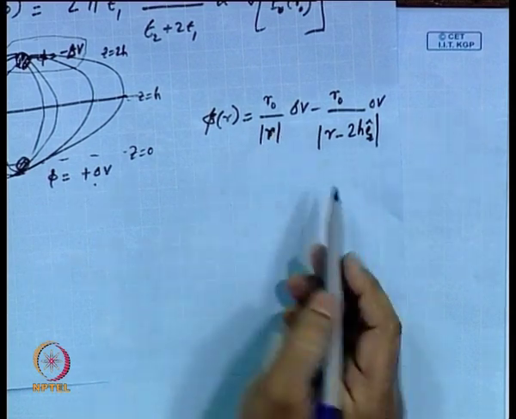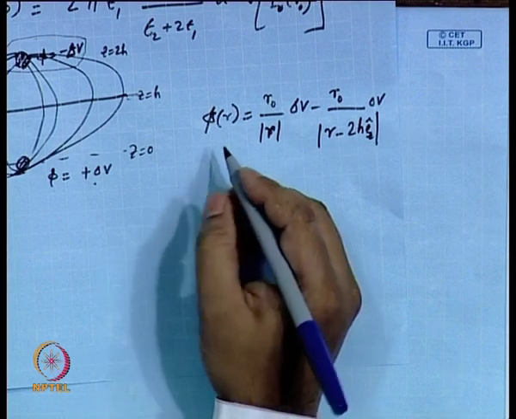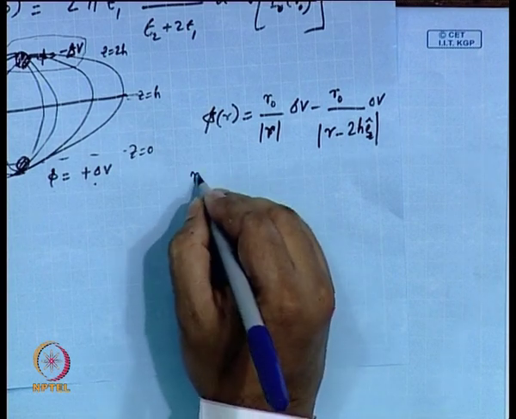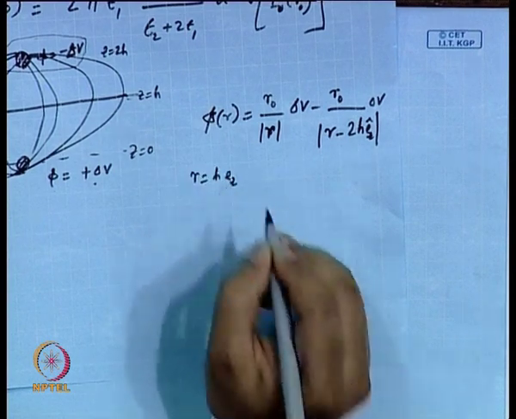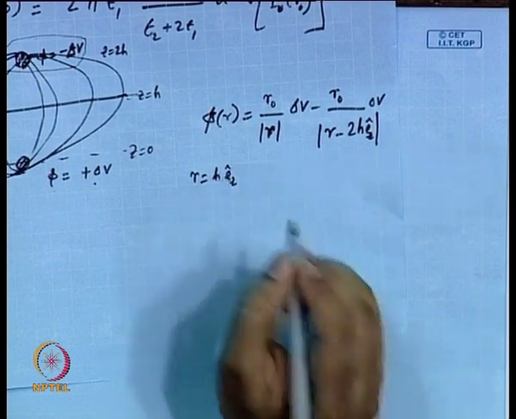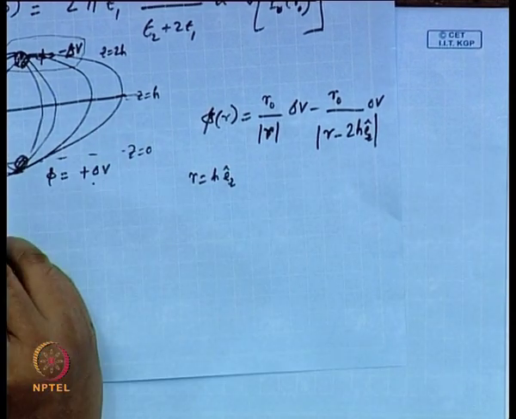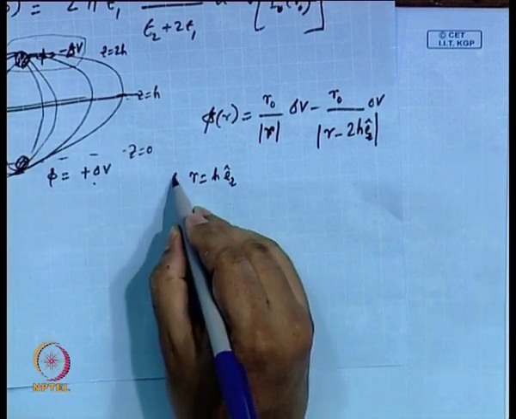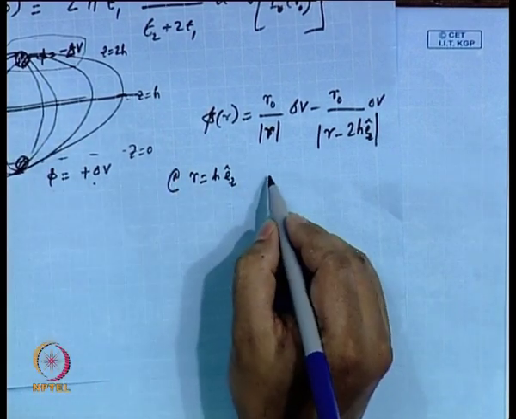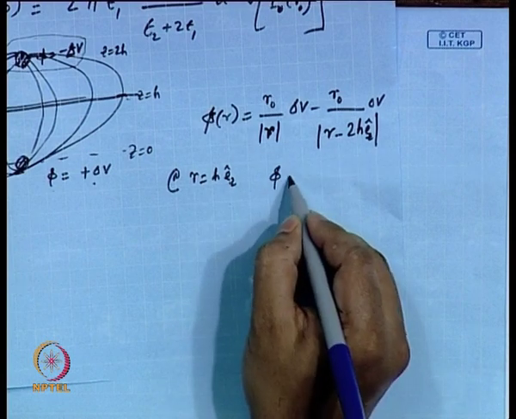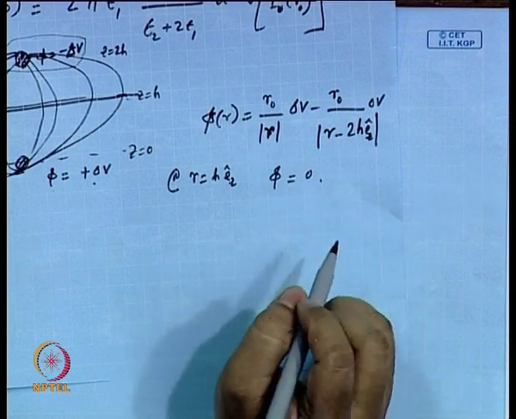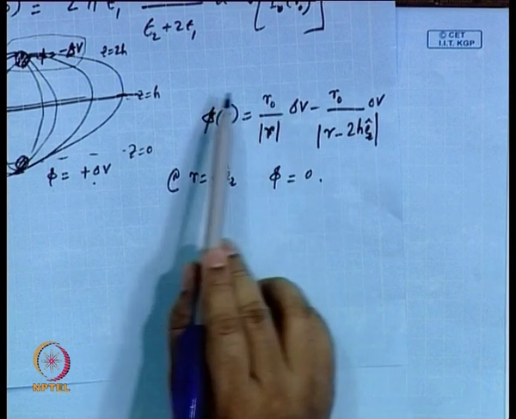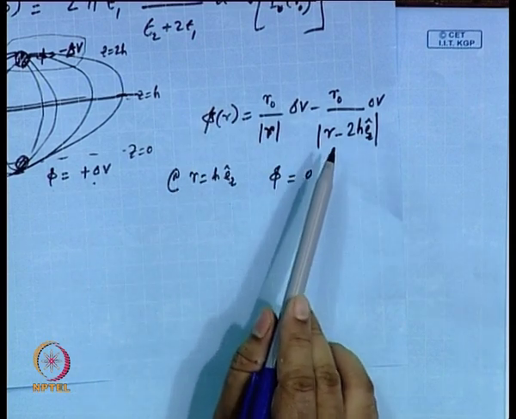You can check it yourself. Say at r is equal to h e_z, that means where? This plane. At r is equal to h e_z, check what you have for phi. This should be equal to 0. So, this is the phi that you would be working with.